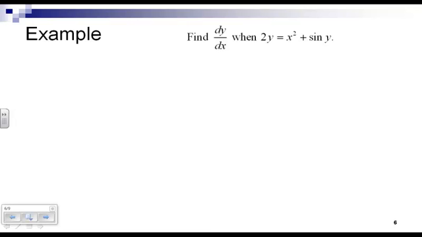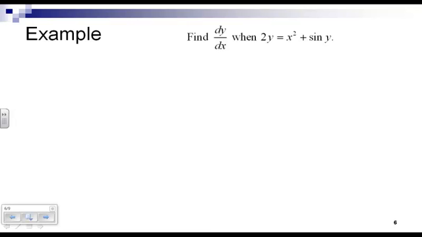There's another chain. Sine of y has an outside function, and y is a function. So sine of y is a double chain. Okay, let me say it again. Cosine of x, sine of x is a single chain.